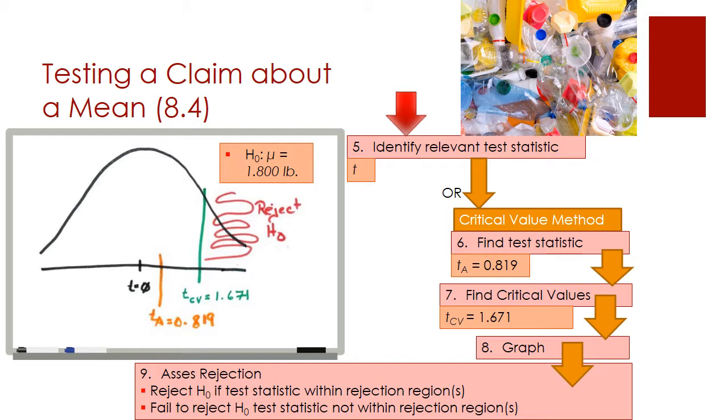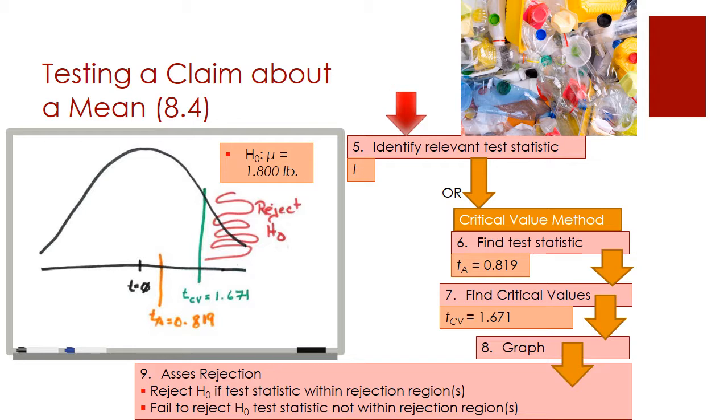Now to assess our rejection regions. If the test statistic is within the rejection region, then we're going to reject the null. If the test statistic, my t alternative, is not within the rejection region, then we're going to fail to reject the null. The symbols I'm showing here for t of A and the t critical value are very useful notations instead of looking at a graph with three different t's: my t equals 0, then my critical value that's still labeled t, and then my t from my sample that's also labeled t.